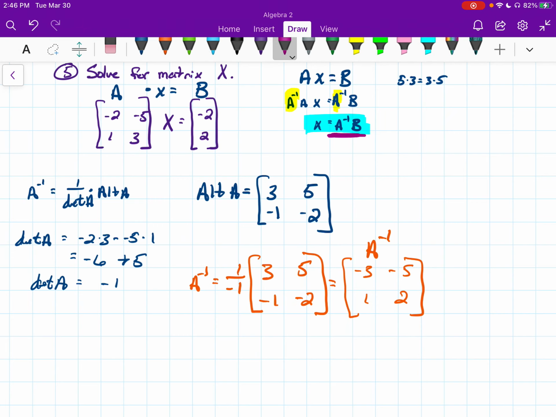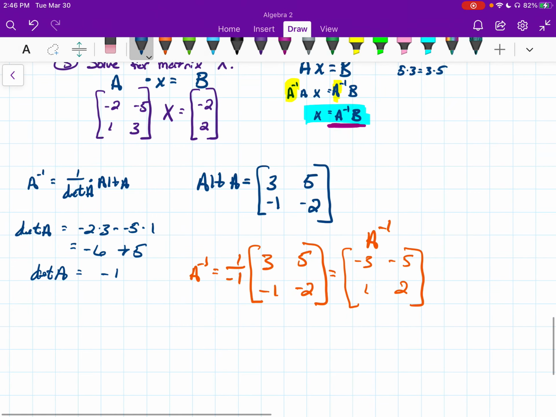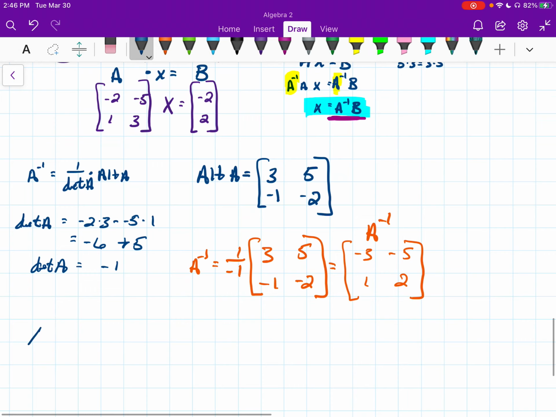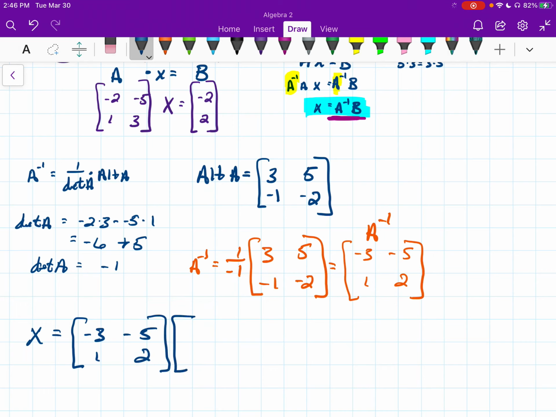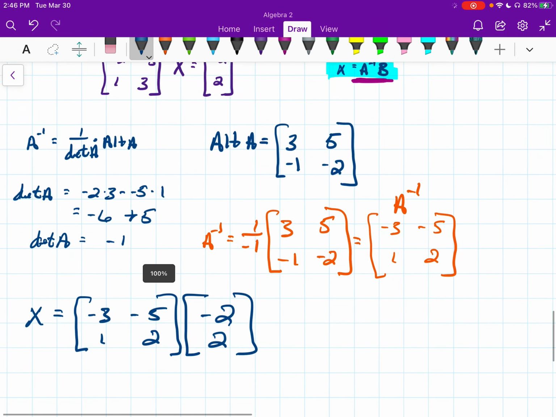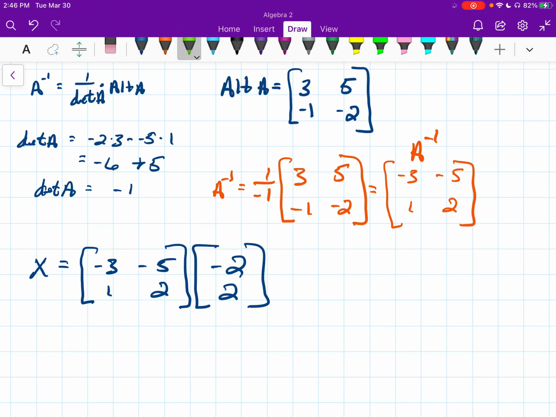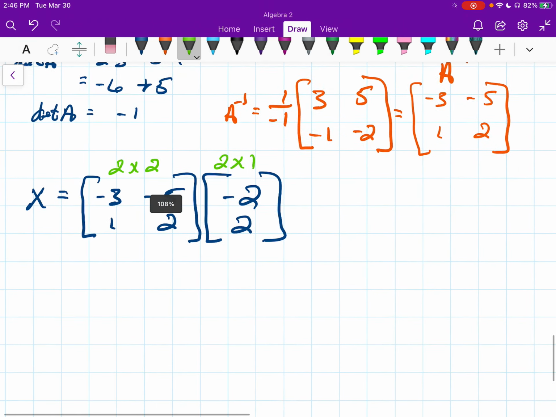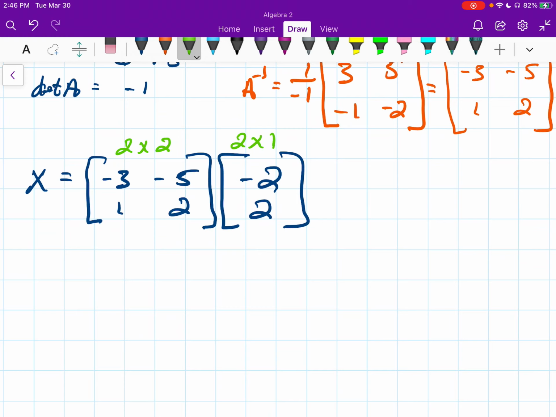So I go back up here and I use A inverse B, so I'm going to multiply A inverse B. So I could say here, X equals A inverse, which is -3, -5, 1, 2, times B, which is -2, 2. And we're going to multiply those. Notice that this is a 2 by 2, and the second one is a 2 by 1. So we can multiply them, and our result is going to be another 2 by 1.